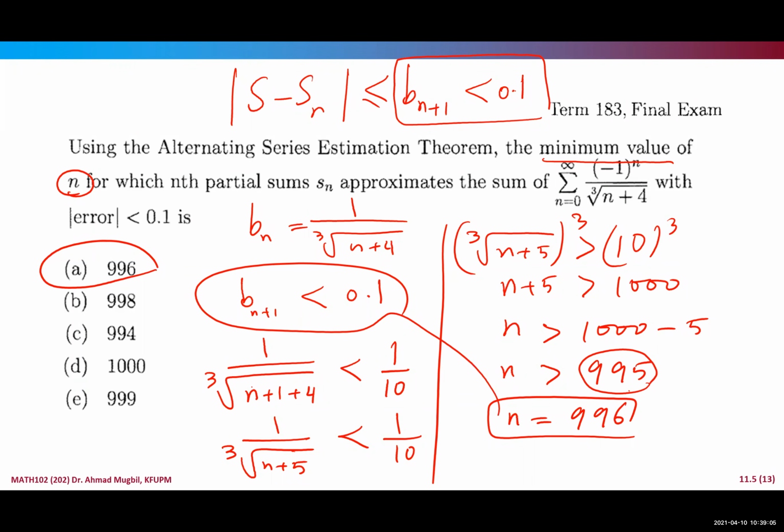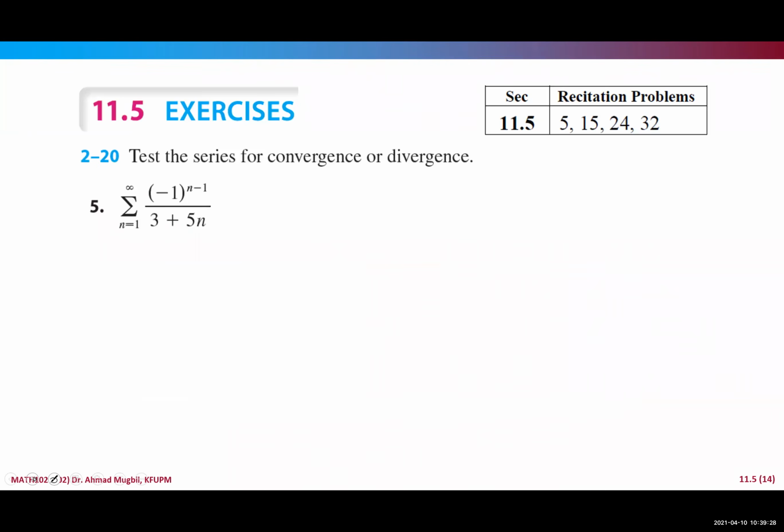You can use a calculator to check, but there is no need even here. For 995, if you put it, you will get 1 over 10. 1 over 10 is not less than 1 over 10. But if you put 996, you will get something that is less than 1 over 10. Clear? Let's now, shabab, go to practice the recitation exercises.